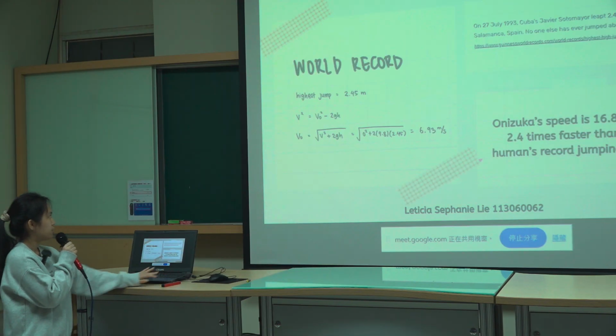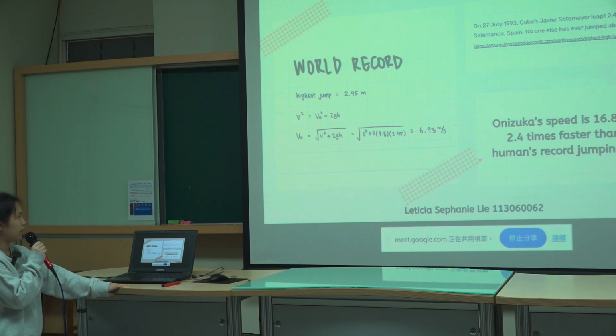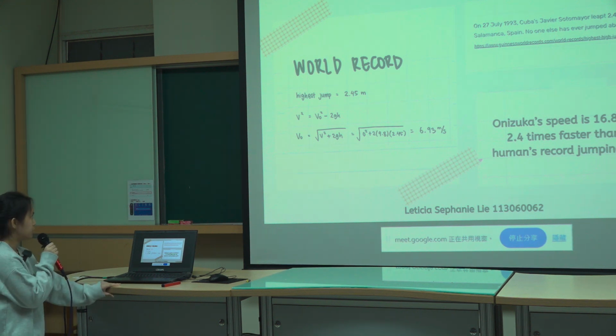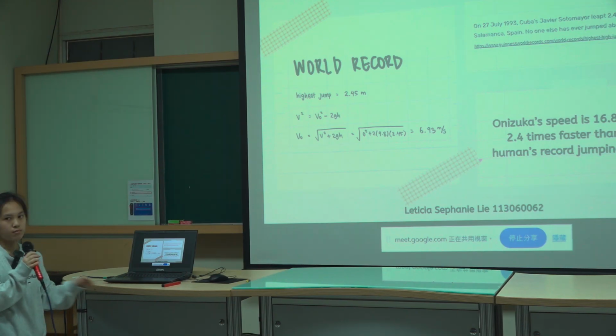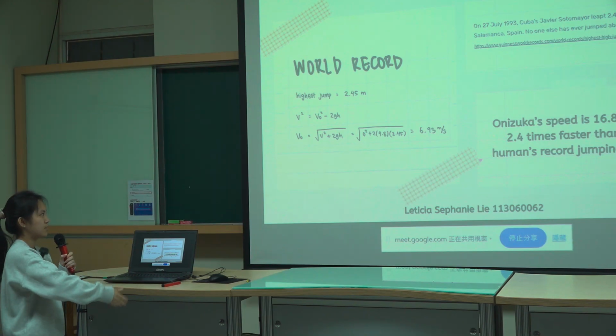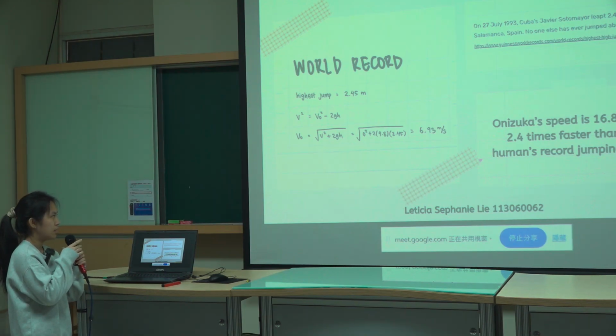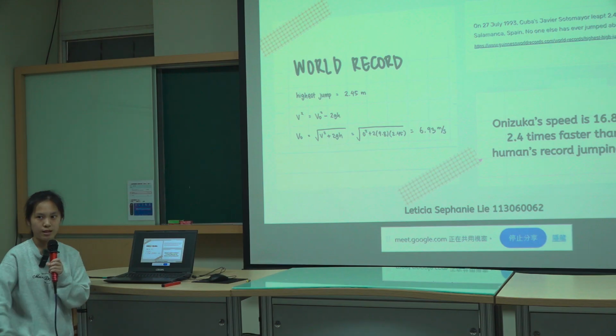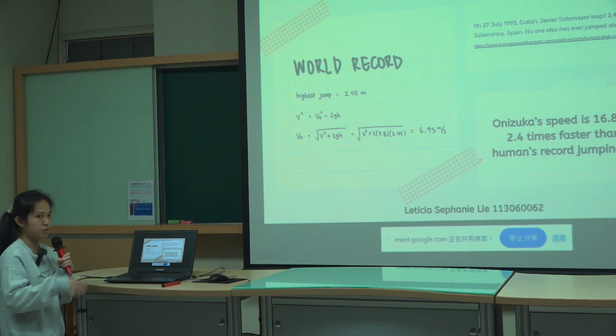I also found that the world record for the highest jump a person could achieve is 2.45 meters, and the speed calculated is 6.93 meters per second. Onizuka's speed is 2.4 times faster than this human record jumping speed, and it's very impossible for a human to do so.